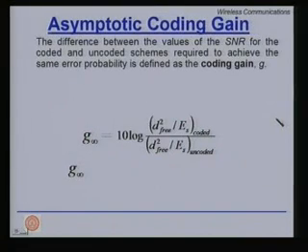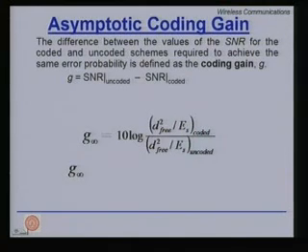Now, let us define something called the asymptotic coding gain. It is the difference between the values of the SNR for the coded and uncoded scheme required to achieve the same probability of error. That is called the coding gain, usually defined for high SNR values.